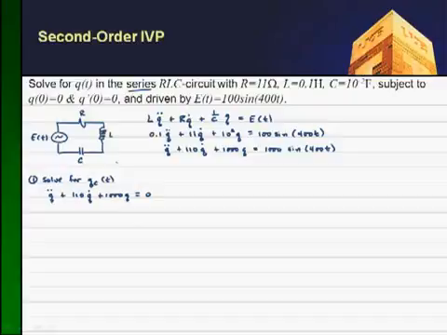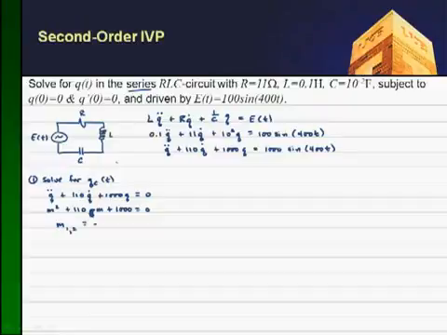And from here we write the characteristic, or some people call it the auxiliary equation, M squared plus 110 M plus 1,000 is equal to 0. And if you solve this, you should find your M1 and M2.